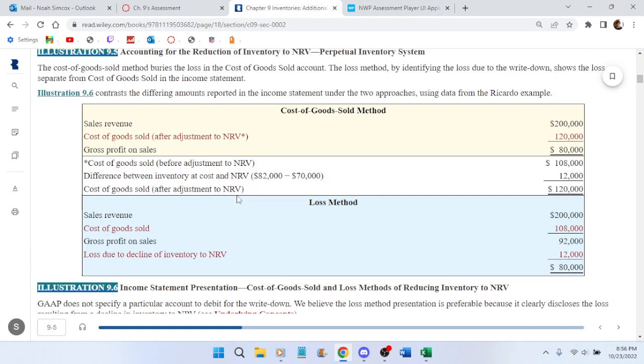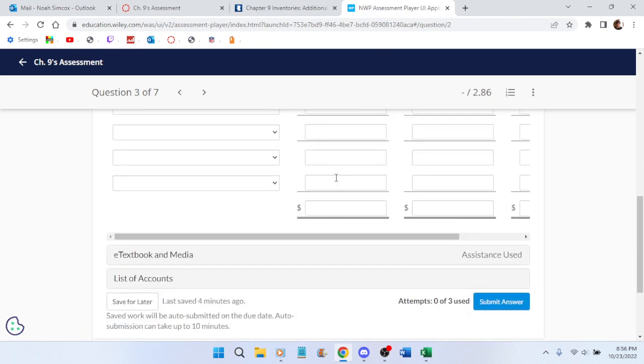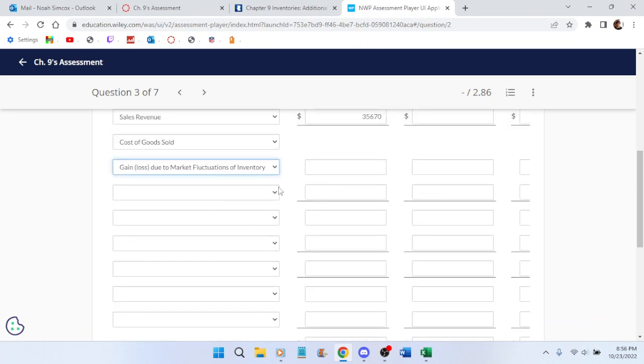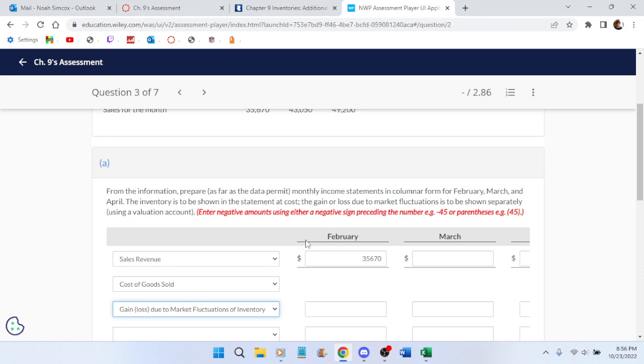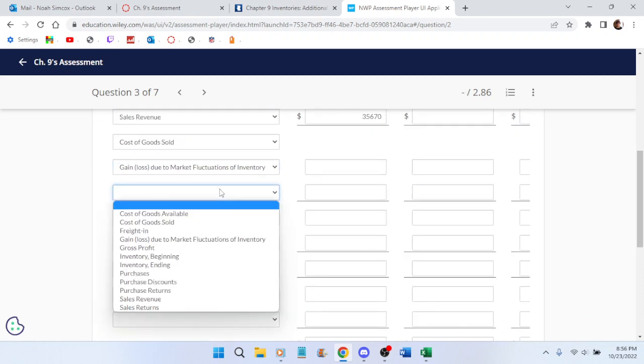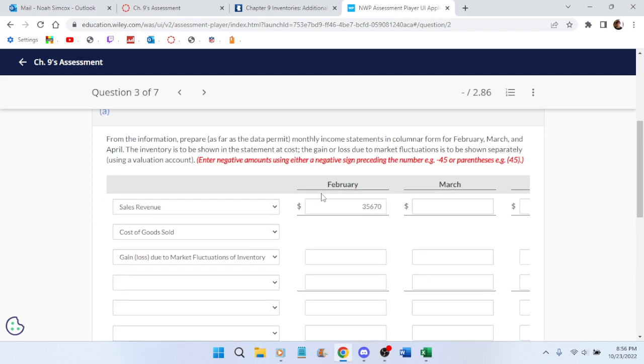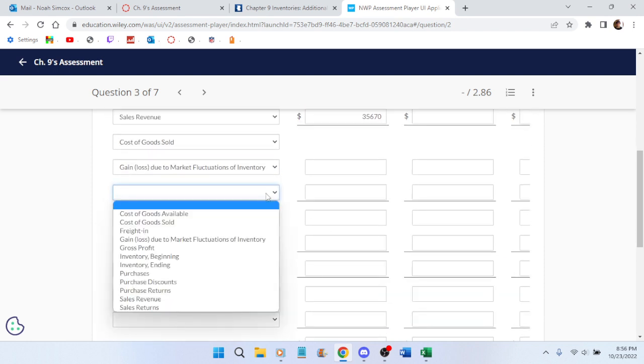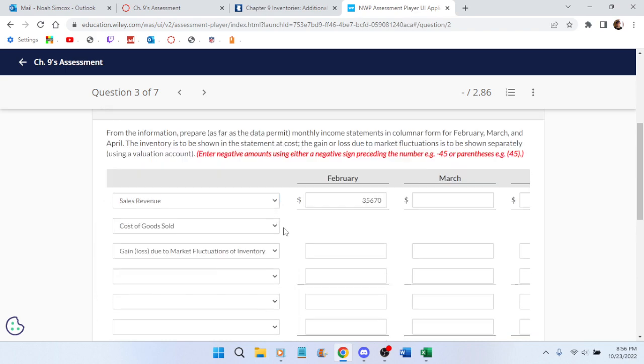Yeah, but according to this one, you do cost of goods sold, gross profit, loss, and then you have the bottom number. So why are there so many extra things? You're telling me this is an income statement, and yet there's no net income at the bottom? Curious.